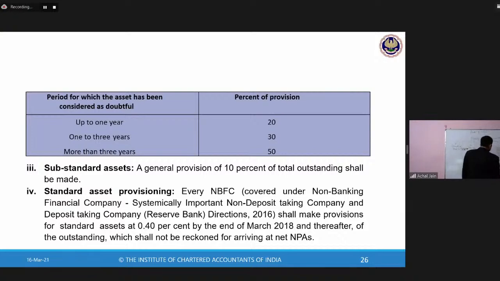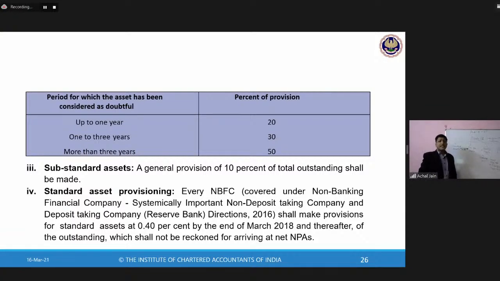Greater than 1 year, but less than or equal to 3 years, 30%. Correct? Then more than 3 years, it's 50%. Okay, that's the basis which is required to be considered while creating a provision.